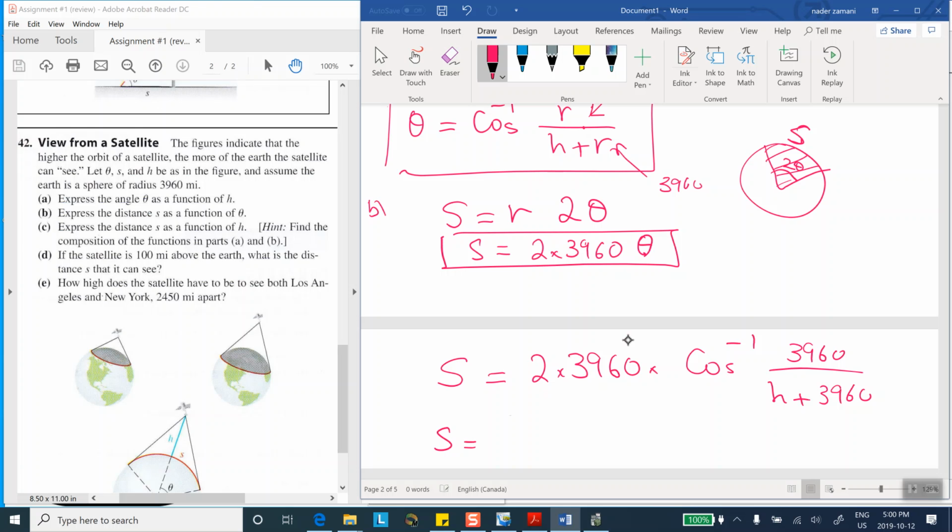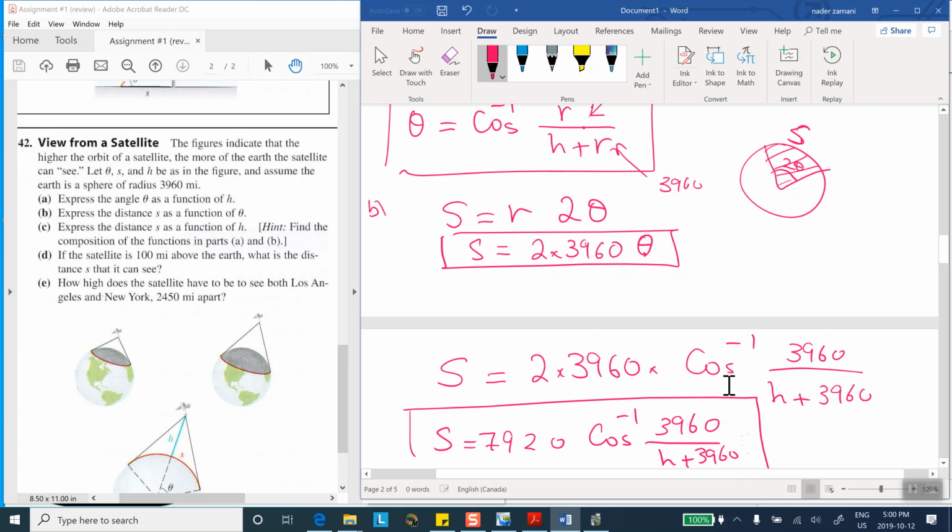Or simply, let me multiply this out: S equals 7920 cos inverse of 3960 over h plus 3960. So this is the answer to part C.